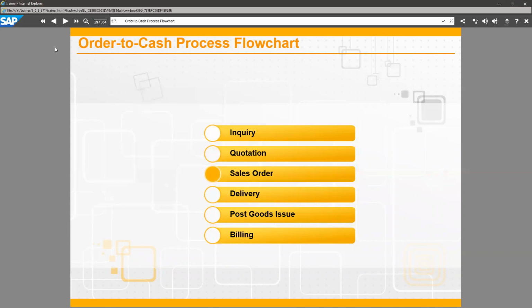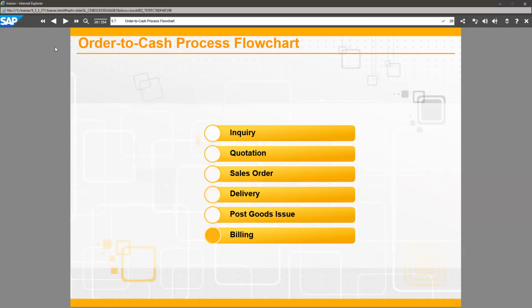A delivery document is created based on the sales order. This document is used by the inventory to pick the product from the warehouse and ship it to the customer's shipping address. This is the realization of post-goods issue. An invoice, that is the billing document, is now created based on the delivery document. The invoice can be sent along with the product or later for customer's payment.